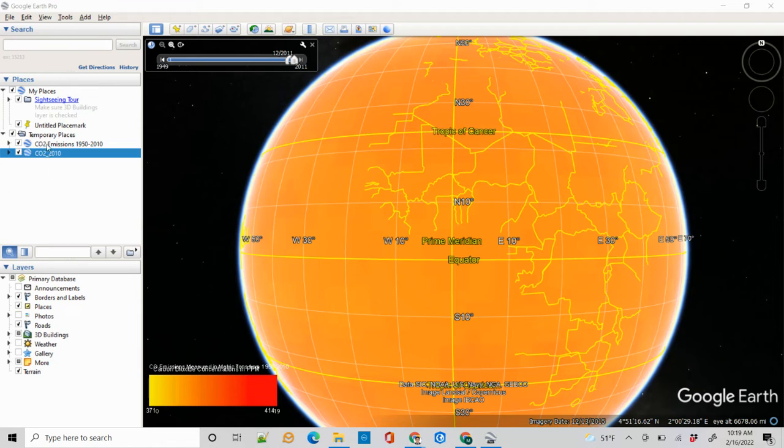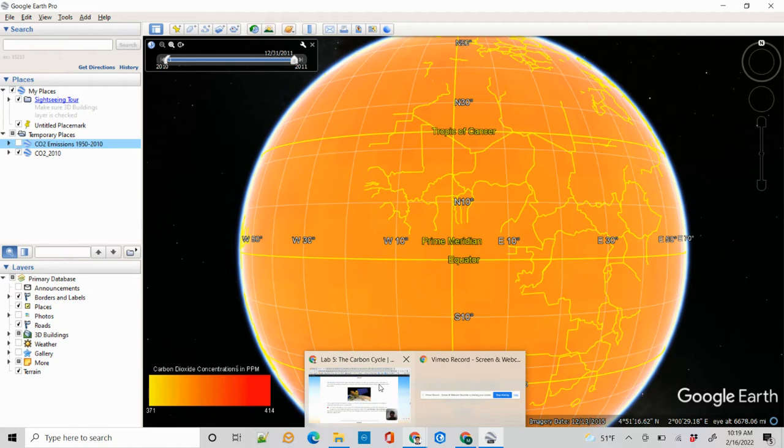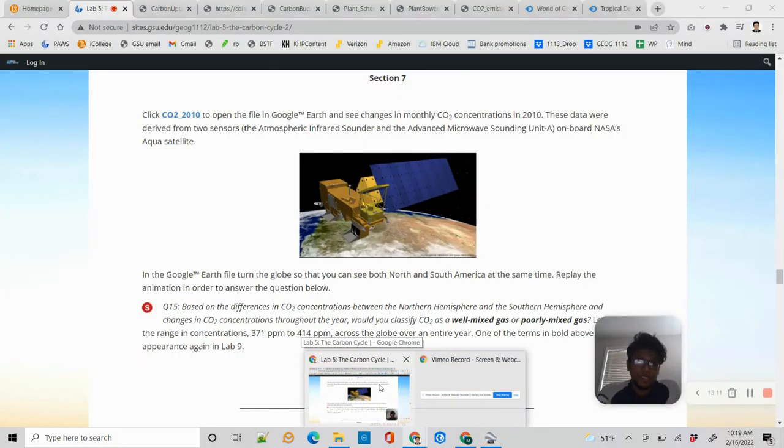We worked on carbon dioxide emission 1950 to 2010 before, so I don't need that right now. Since I'm working on carbon dioxide 2010, I can uncheck this previous one. If you uncheck that, it would be really good for you to understand this question.